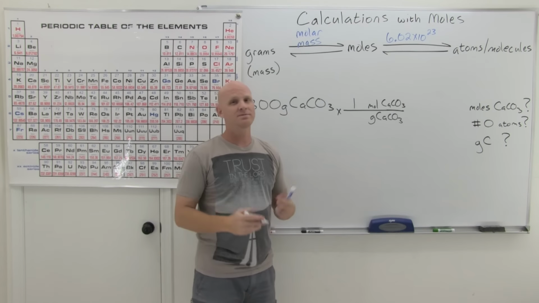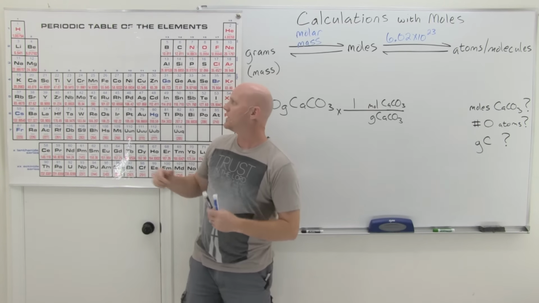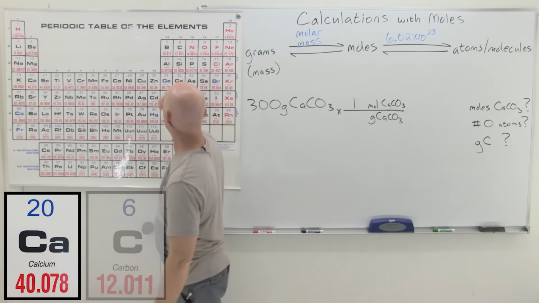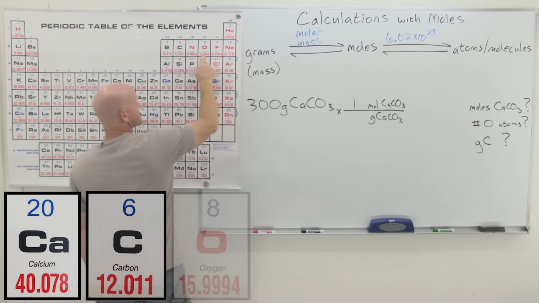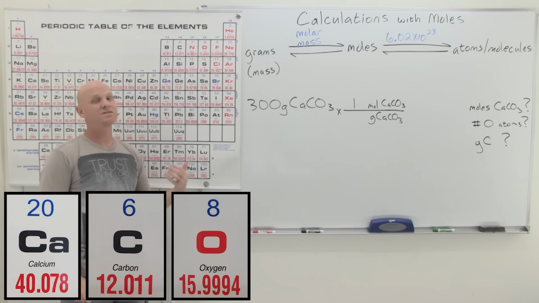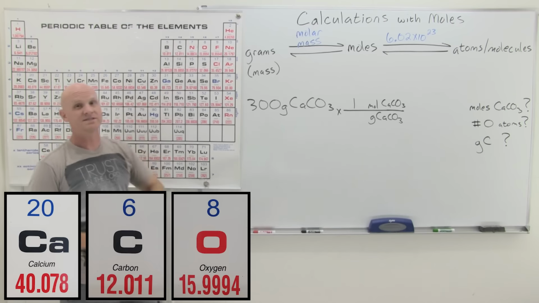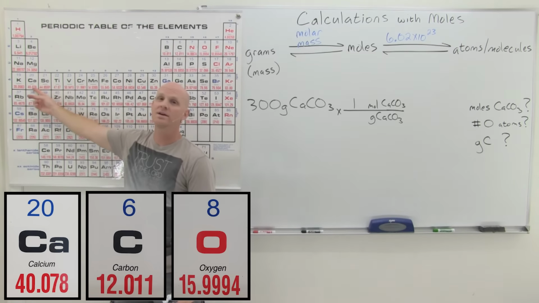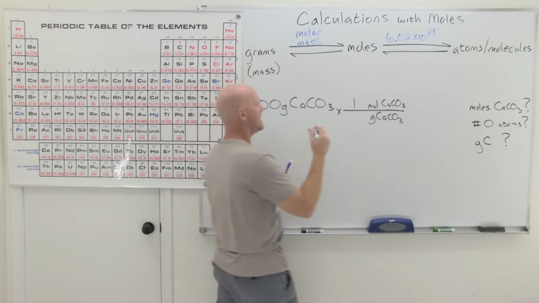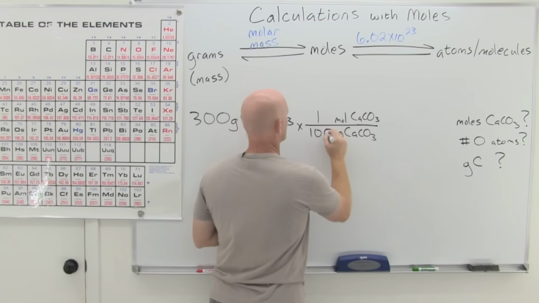So we've got to get those grams, and again, we get that right off the periodic table. We'll go over to calcium here, and it's right around 40 grams per mole, and then carbon, which is 12 grams per mole, and then 3 oxygens, which are 16 grams per mole each. 16 times 3 is 48, plus the 12 is 60, plus the 40 is 100, and so calcium carbonate has a molar mass of 100 grams per mole.